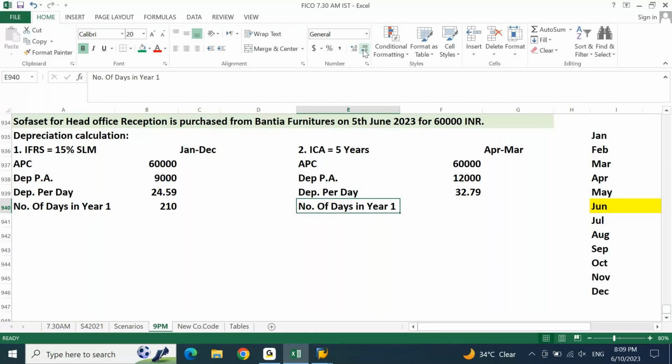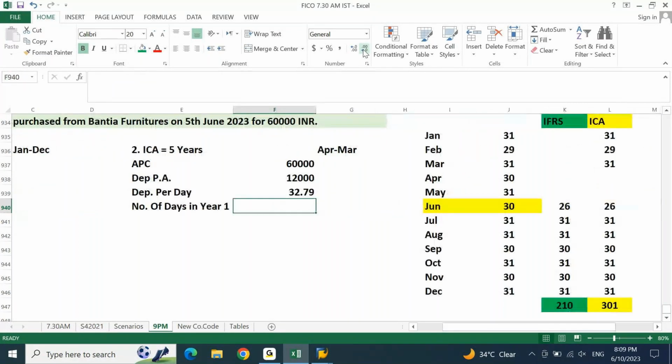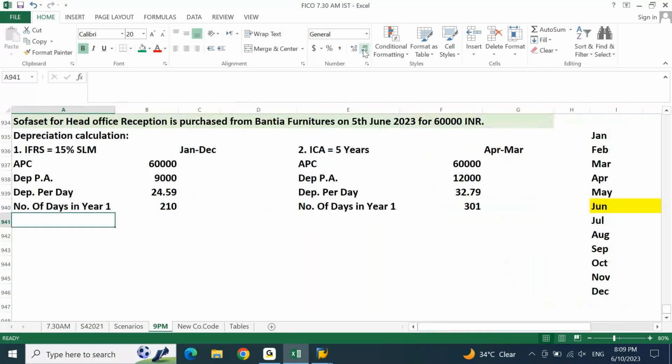Number of days, we got 301 days. Clear till here whatever we have updated on the screen? Any questions? Clear with this, right? Okay. Yes, sir.